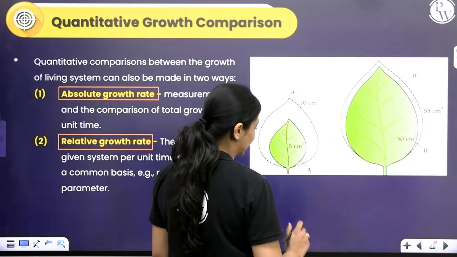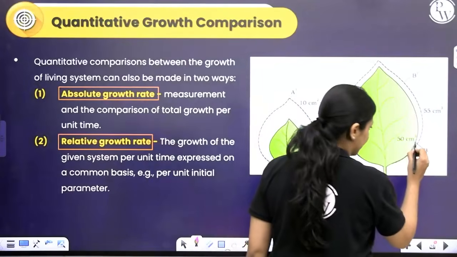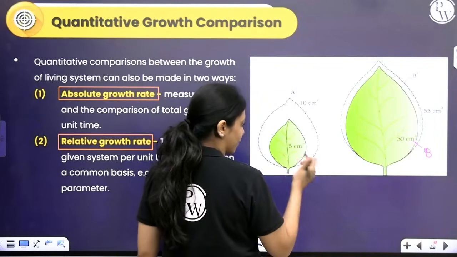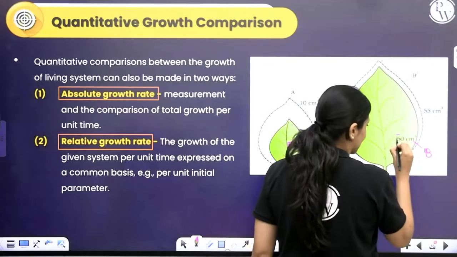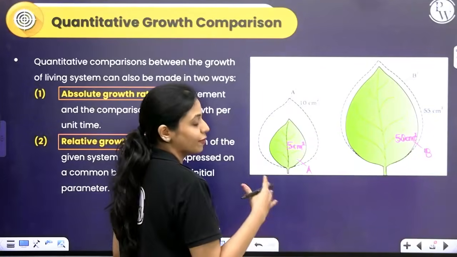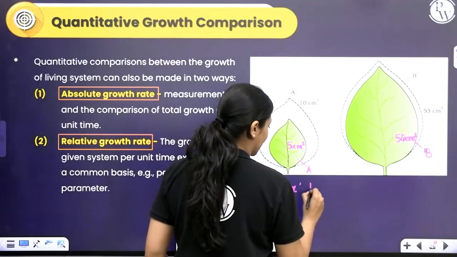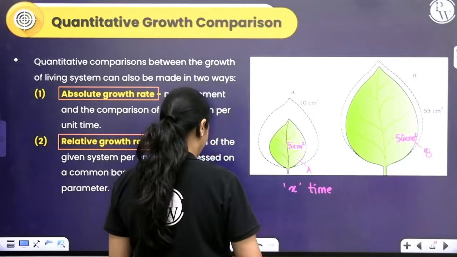Here we have 2 leaves. This leaf is called A and this leaf is called B. This small leaf's initial surface area is 5 centimeter square. This leaf's surface area is 50 centimeter square. After the same given period of time, say X period of time, they will measure the growth in both these leaves again.